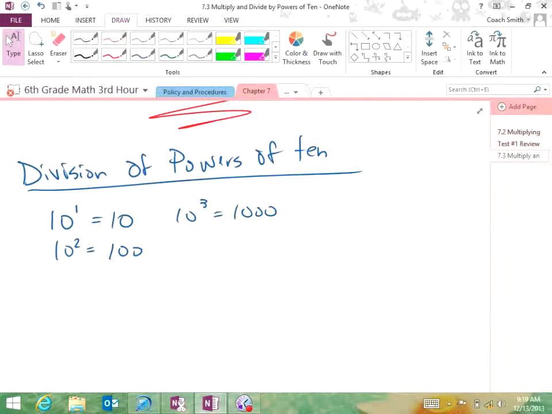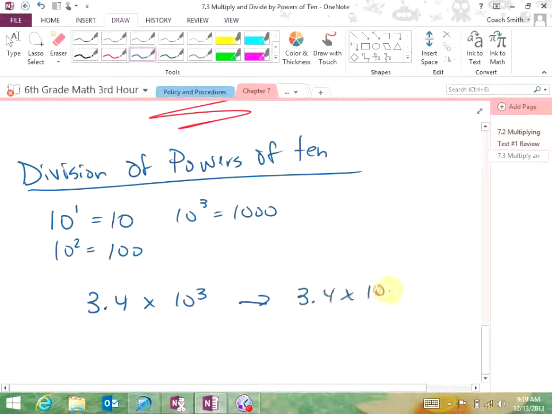When they talk about powers, it's usually something raised to an exponent. But if I took 3.4 times 10 to the third, that would be the same thing as 3.4 times 1,000. Those are the same problems, so this rule works with either one. Here we have 3 zeros, so you move it 3 places to the right, just like with the exponent of 3.